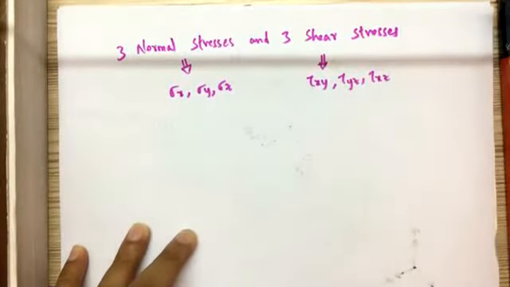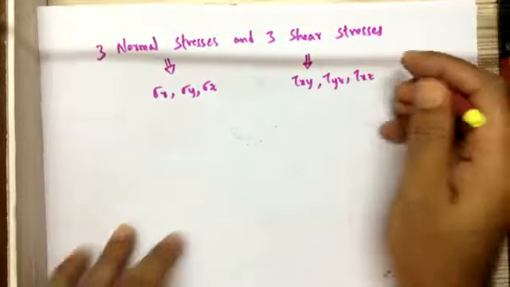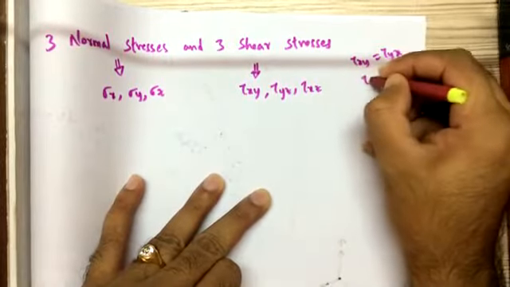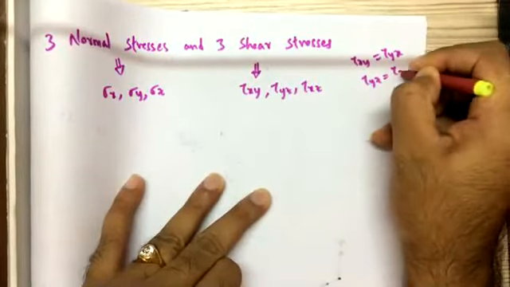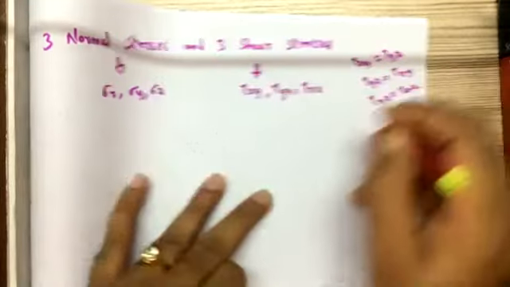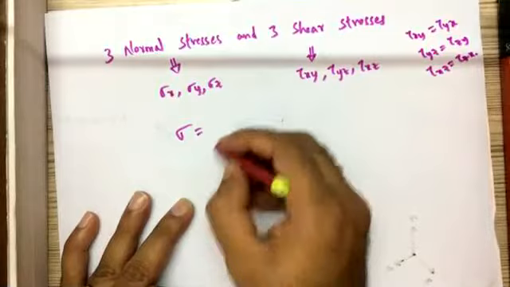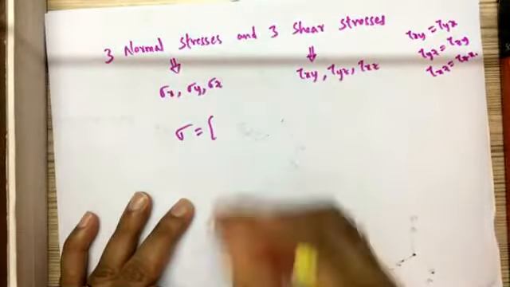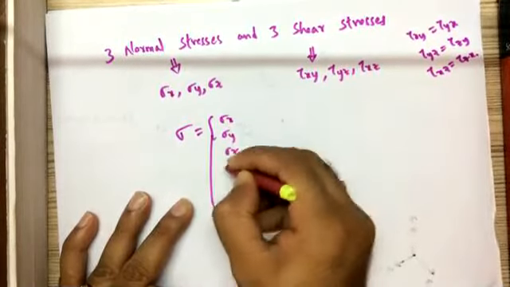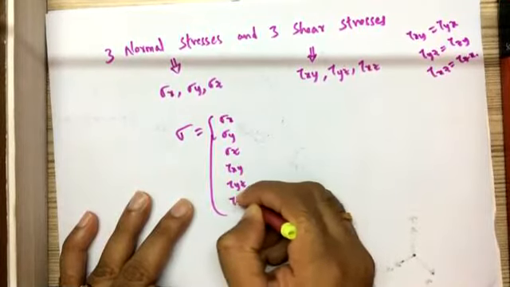There is no need to write tau yx, tau zy, and tau zx, because I have already considered tau xy equal to tau yx, tau yz equal to tau zy, and tau xz equal to tau zx. So what are the complete stresses? I have sigma x, sigma y, sigma z, tau xy, tau yz, tau xz.